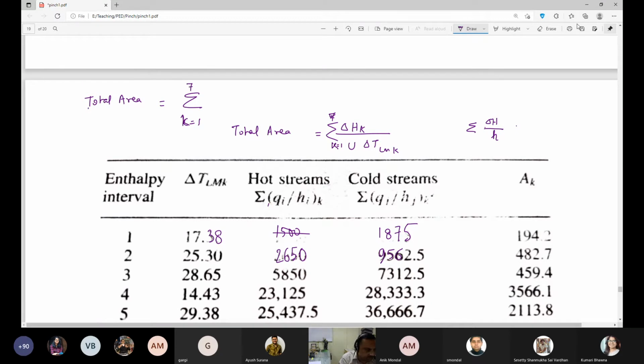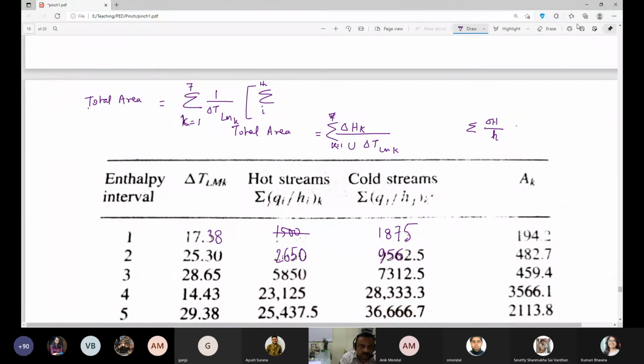For any other problem you may have 15 intervals. 1 by delta T LMk, which you have found out here for that segment, and for other segments you have to find it out similarly.